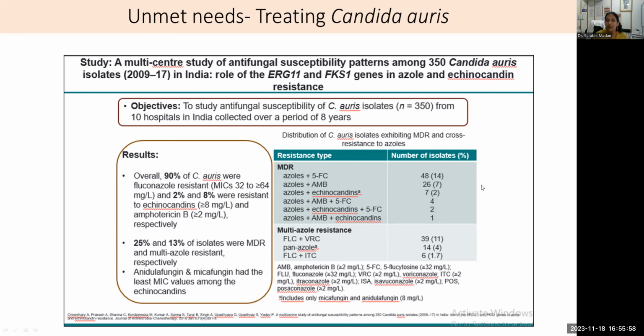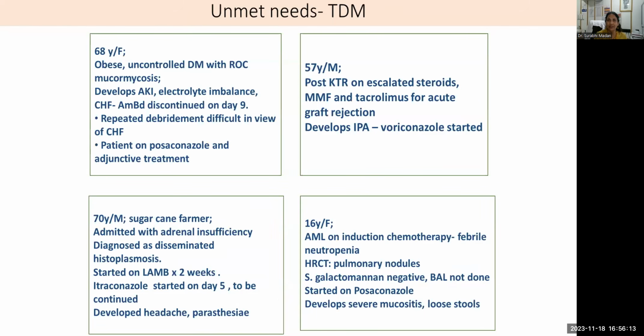So whenever we have to treat Candida auris, we have to use a combination of agents like echinocandins and flucytosine, or amphotericin B with flucytosine, or even echinocandin with amphotericin B, depending on the sensitivity. Similarly, another unmet need in the treatment of Candida and other fungal infections is the TDMs.